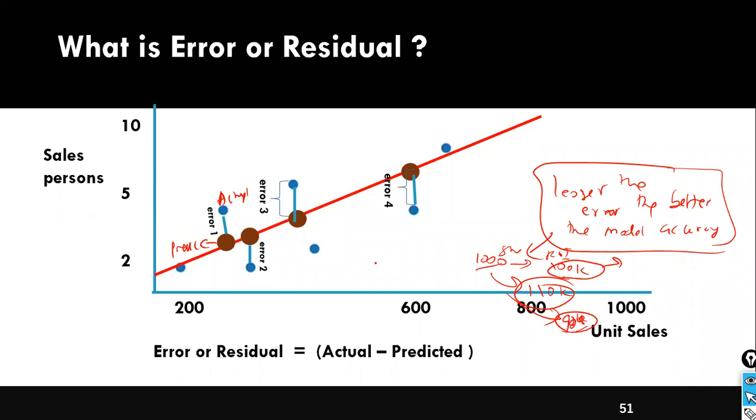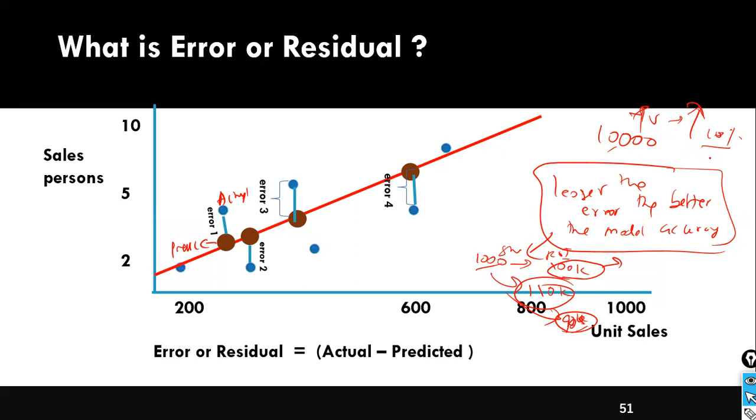Another classic example is advertisement. If I advertise on television and spend, let's say, $10,000 US dollars, what is the expected sales? You tell him that after 1 month you can expect a 10% increase in sales.